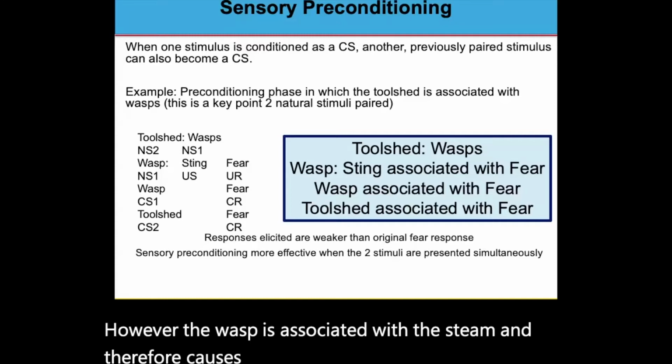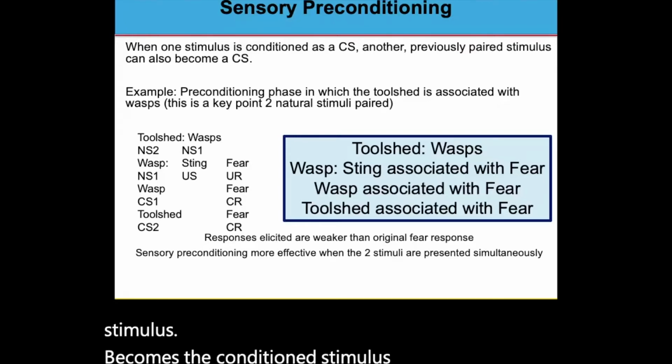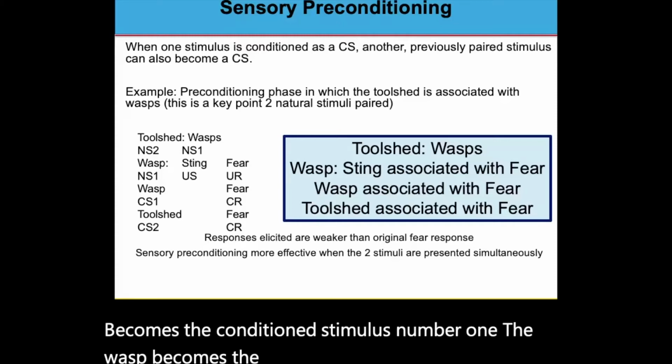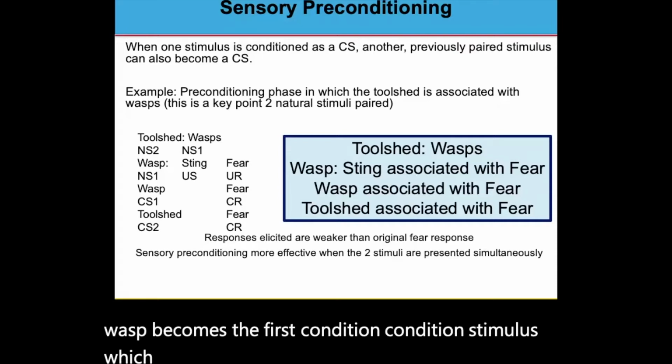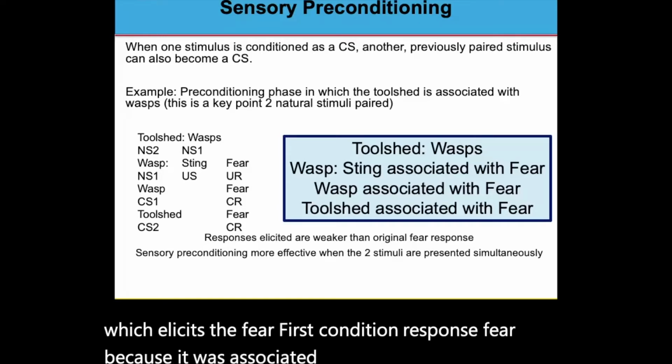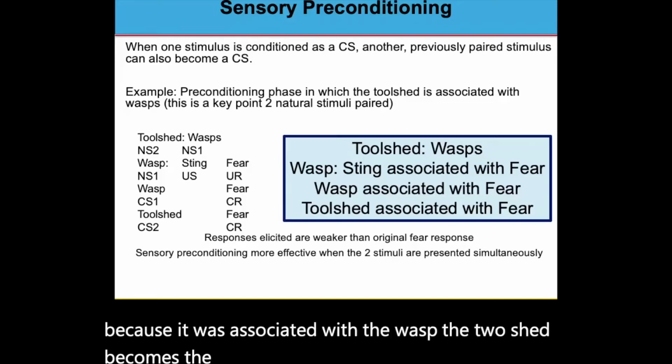So the first neutral stimulus becomes conditioned stimulus number 1. The wasp becomes the first conditioned stimulus, which elicits the first conditioned response, fear. Because it was associated with the wasp, the tool shed becomes the second conditioned stimulus, because they are together.